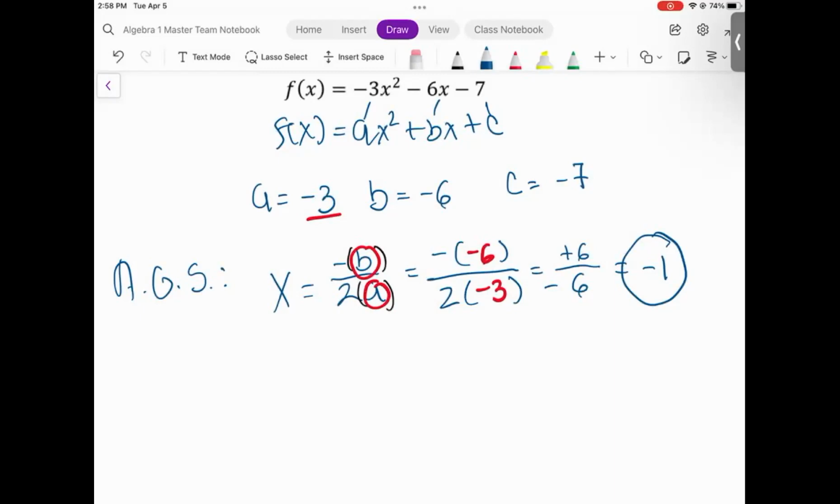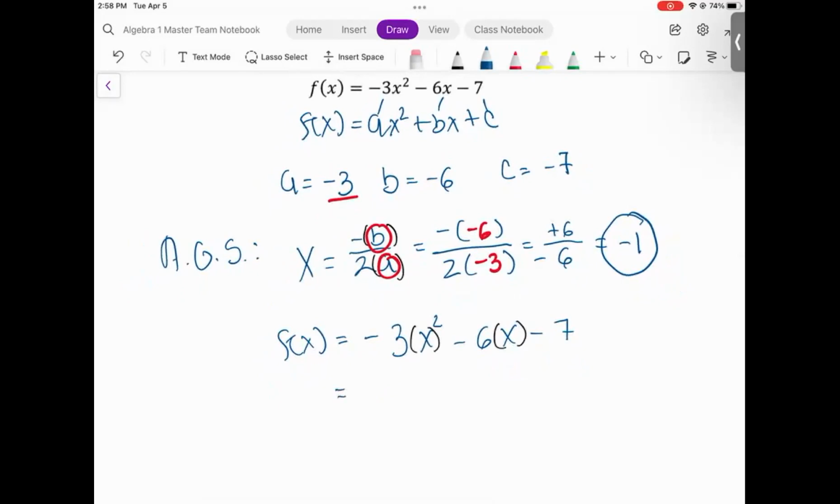Now, to find the rest of your vertex, we're going to go ahead and use the original function, which is f of x is equal to -3x squared minus 6x minus 7. All right. So now what I want you guys to do is same thing. Let's go ahead and put parentheses around the x.